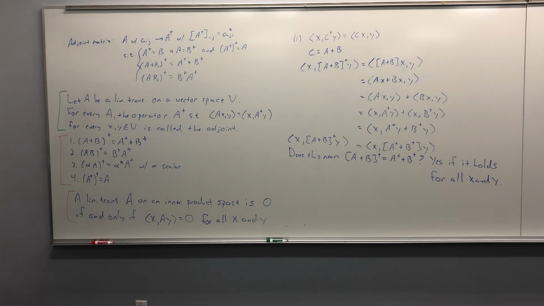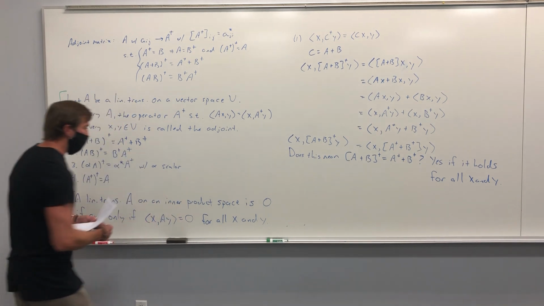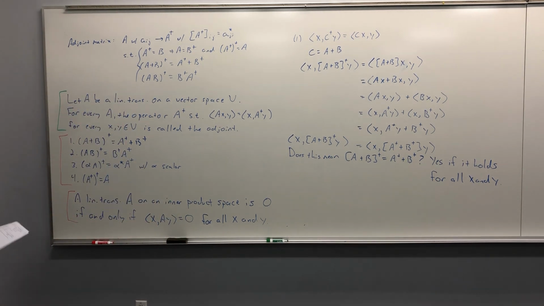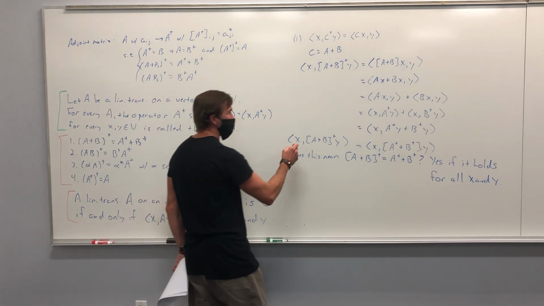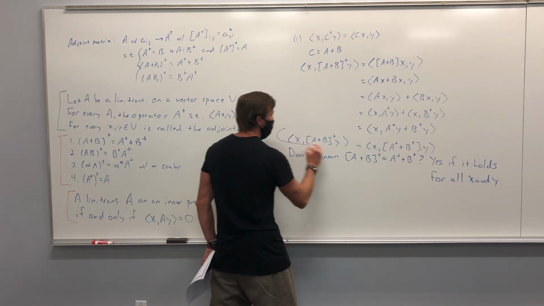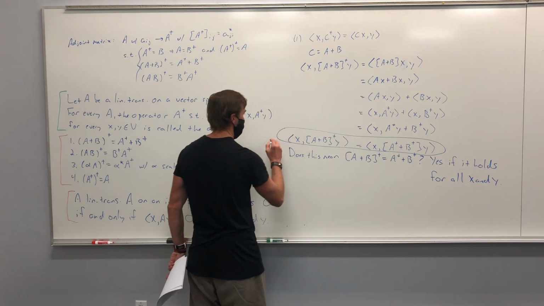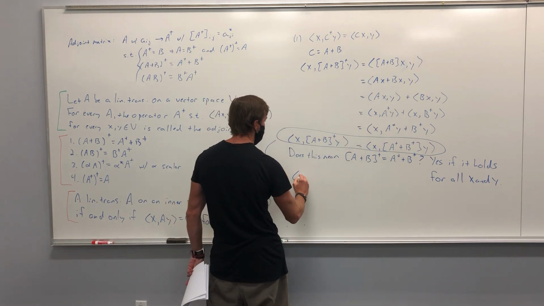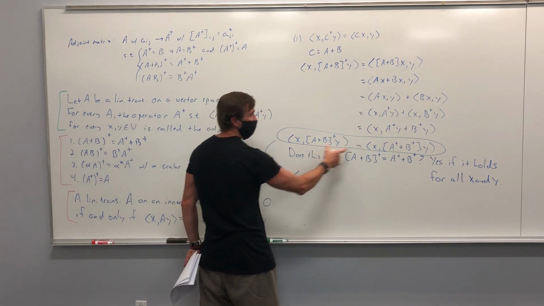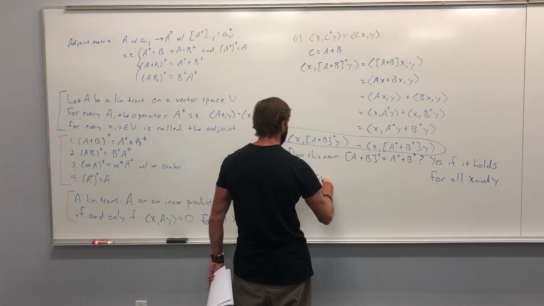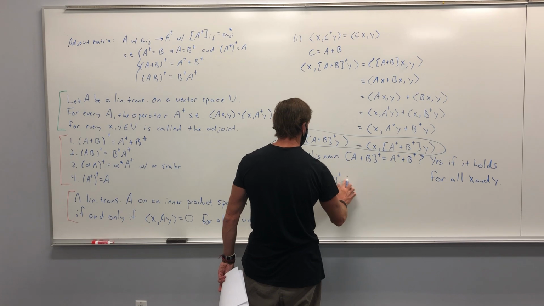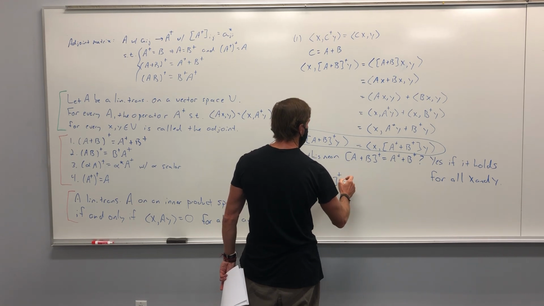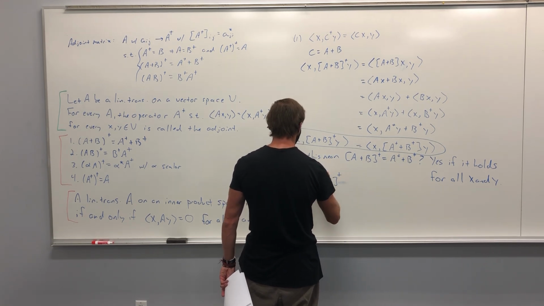Okay. So one thing that we can do is tie this result into this result, because after all, if we take this statement and we just consider this minus this, that's (A+B)† minus A† plus B†.